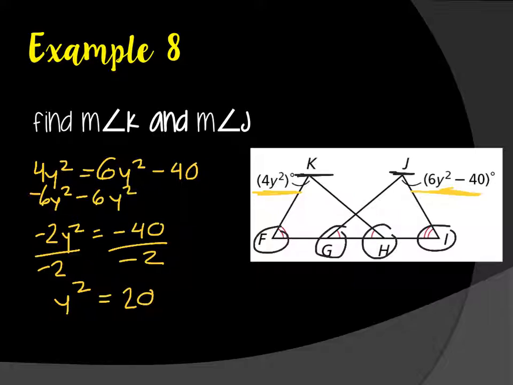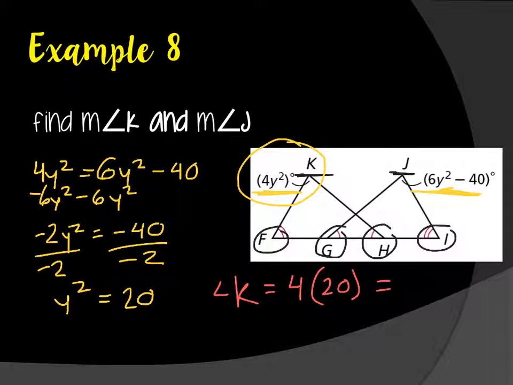Can we just leave it like that, or do we have to solve for y? We can leave it, because in our equation that we're going to plug this back into, it says y squared. So we can just plug in what we found for y squared into y squared. So to find angle K, we would multiply 4 times 20.